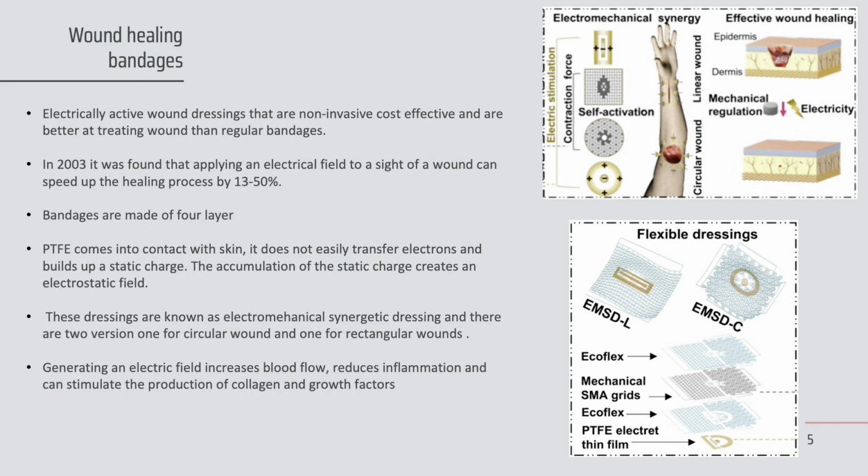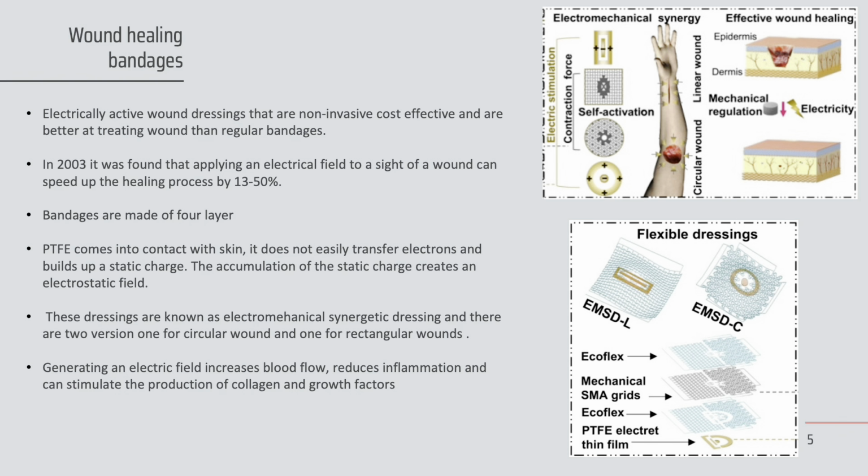As a result, when polytetrafluoroethylene comes into contact with skin, it does not easily transfer electrons and builds up a static charge. The accumulation of the static charge creates an electrostatic field.